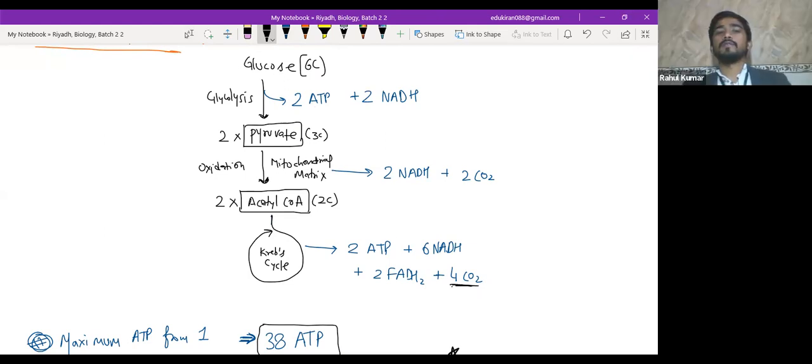So glucose to CO2, everything else, ATP, NADH, and FADH2, are energy intermediates. So this is the energy currency. So this is one full aerobic respiratory pathway.